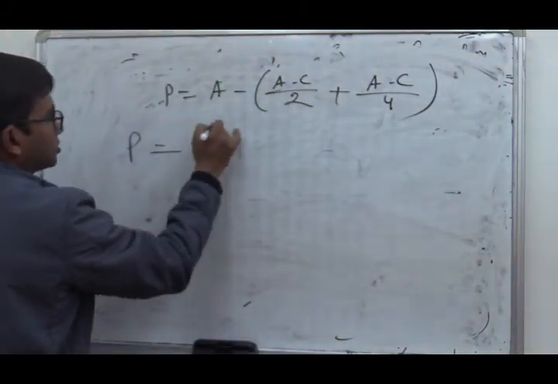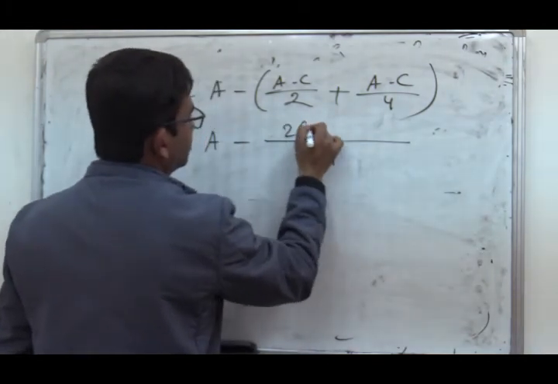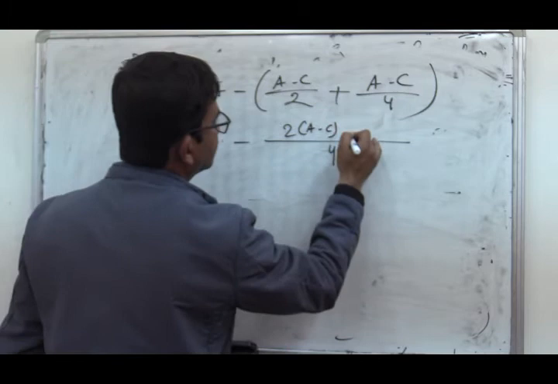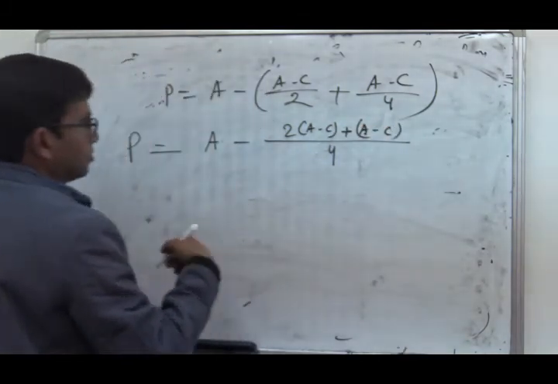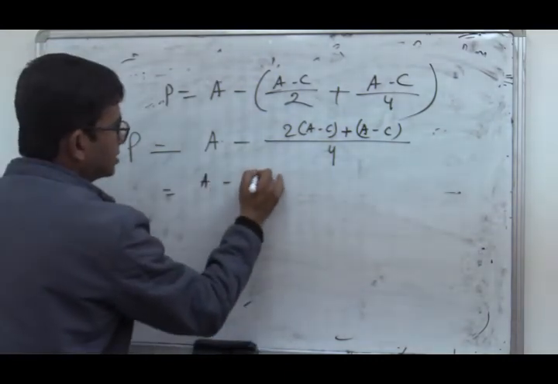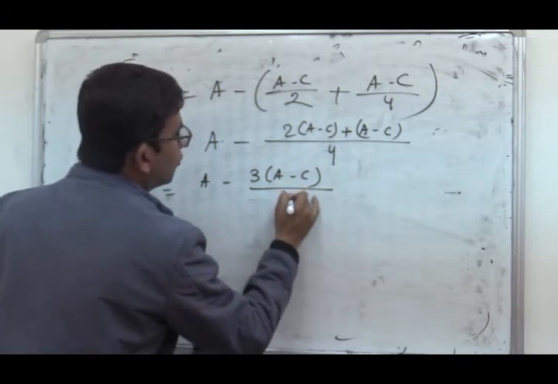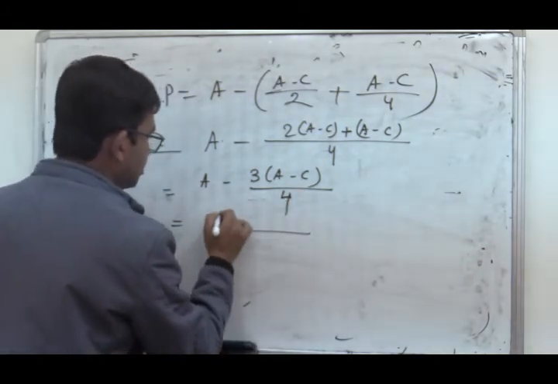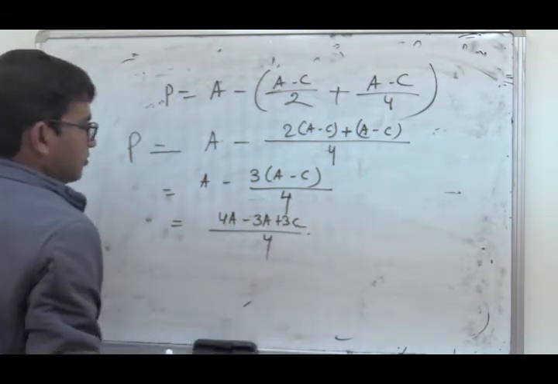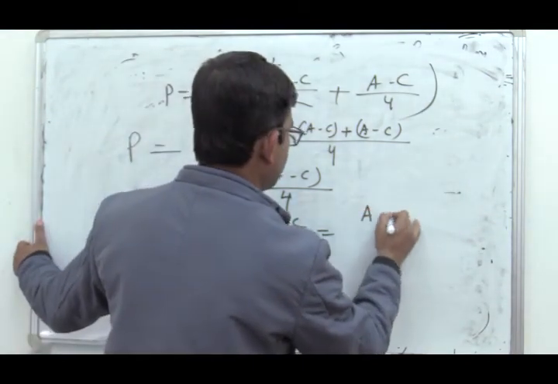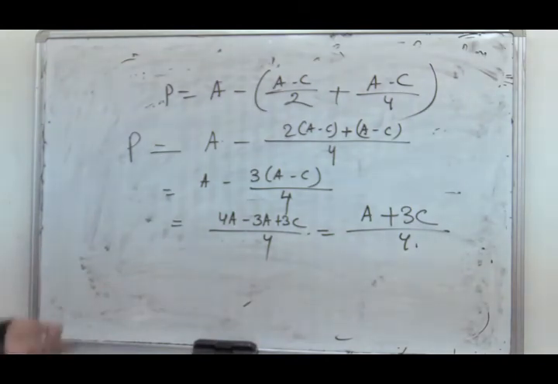So P equals A minus (2(A minus C) plus (A minus C)) by 4, so A minus 3 into (A minus C) divided by 4 equals (4A minus 3A plus 3C) by 4 equals (A plus 3C) by 4. This will be the market price.